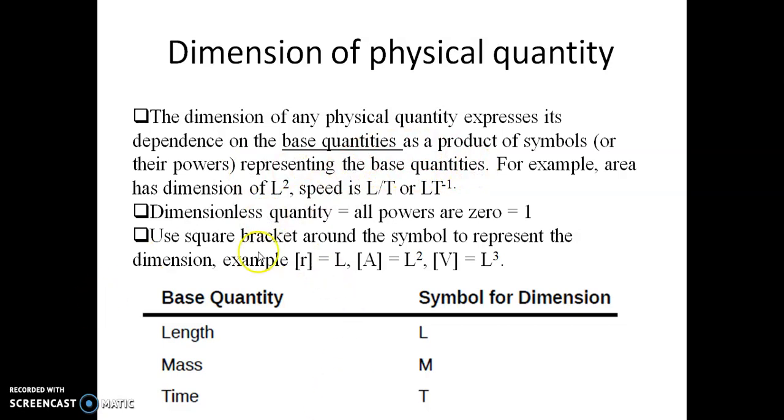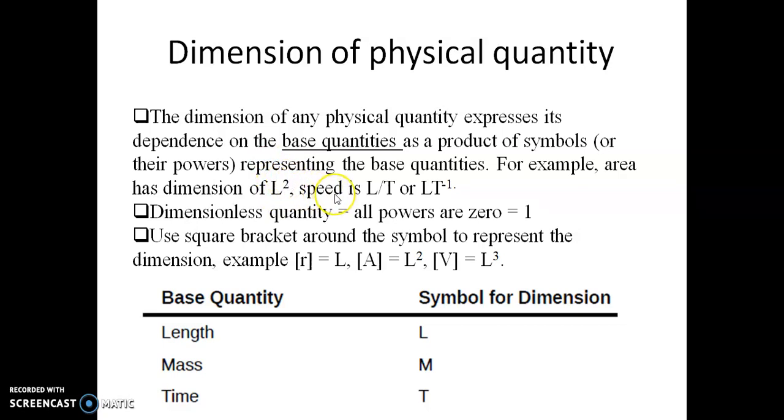So what are the base quantities? They are length, for which we use the symbol L, mass, for which we use the symbol M, and time, for which we use the symbol capital T. Okay. So for example, the area has the dimension of L squared.